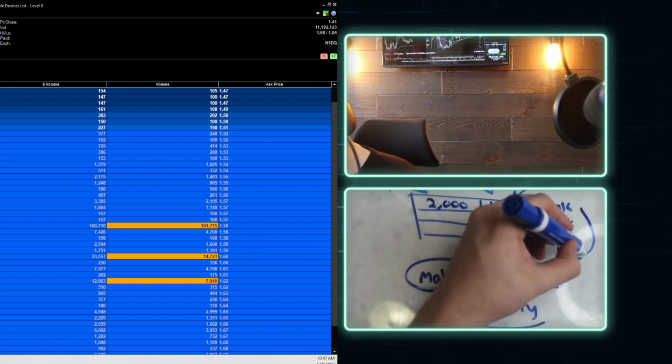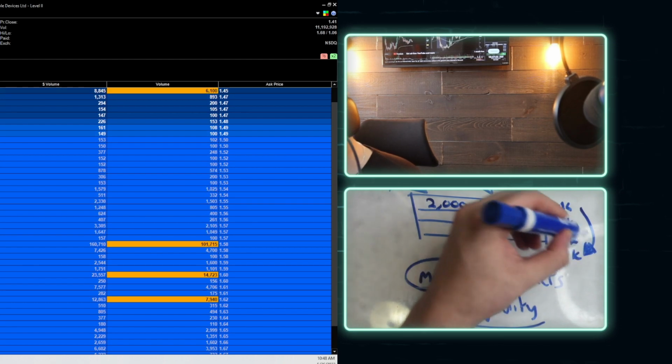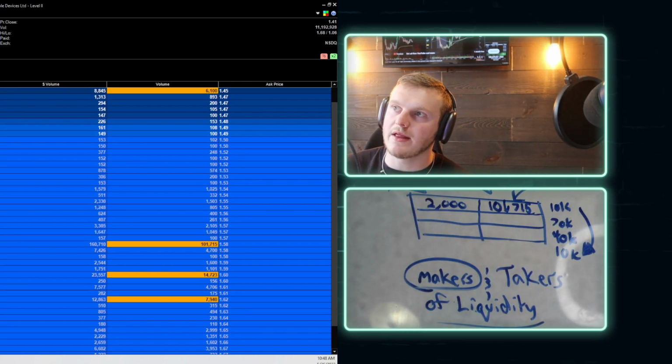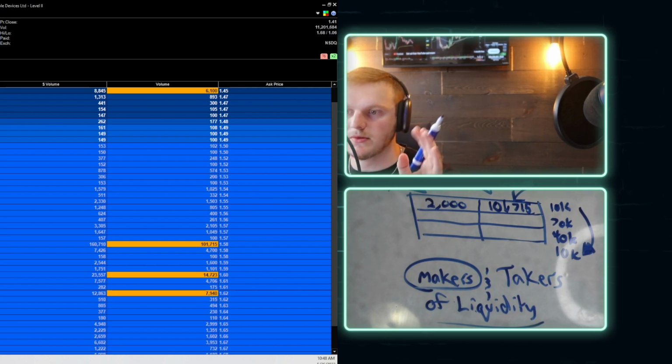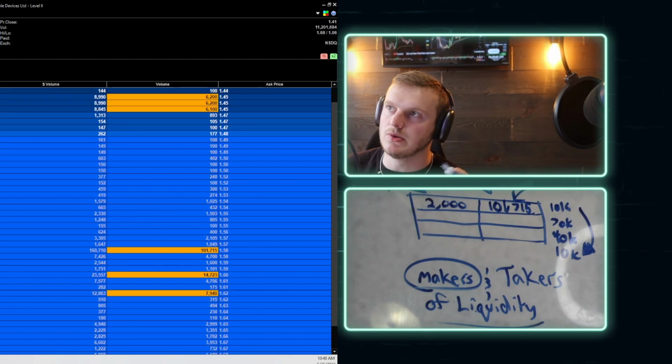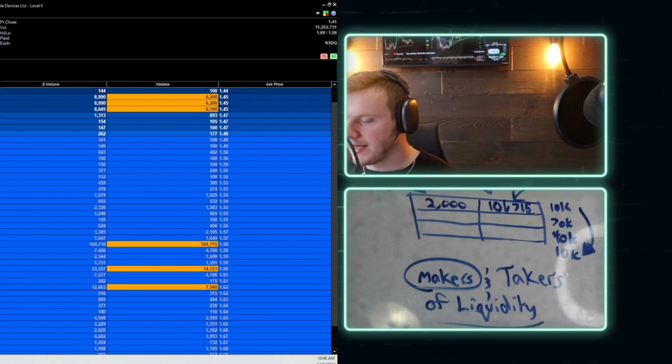At that point, you should be buying because what's going to happen is it's going to break right through that resistance line. It's going to fill that order, and the floodgates will be open, and buying pressure will carry this to next levels.